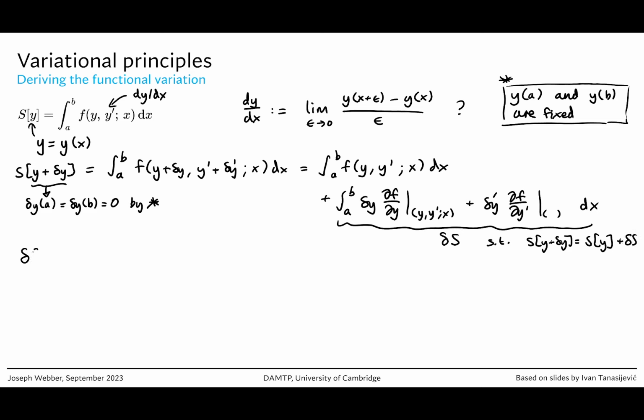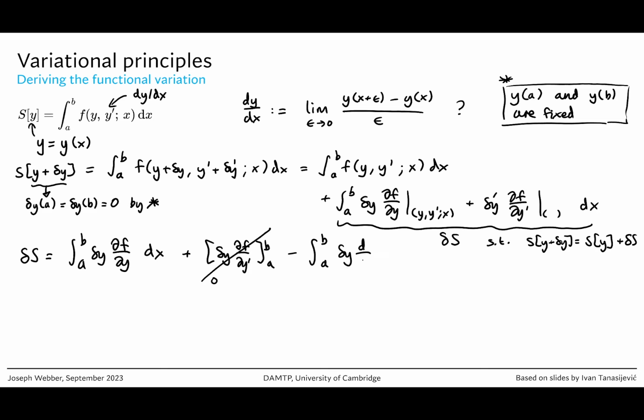Right, so delta S is equal to the integral from a to b of delta y df by dy dx plus, and we're going to integrate this by parts, so we have delta y df by dy prime evaluated at the endpoints, but this is 0 because delta y is 0 on the endpoints, minus the integral from a to b of delta y d by dx of df by dy prime dx.